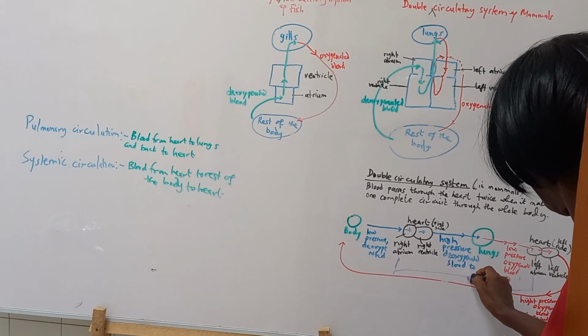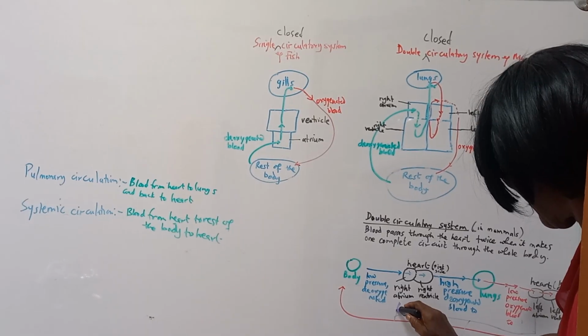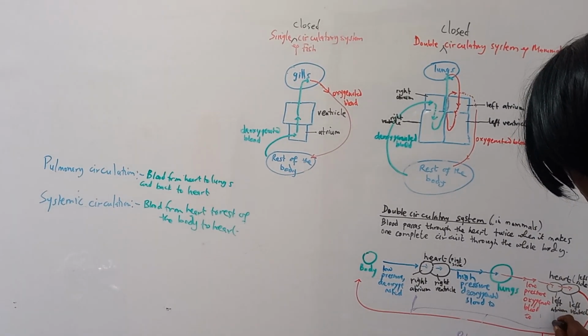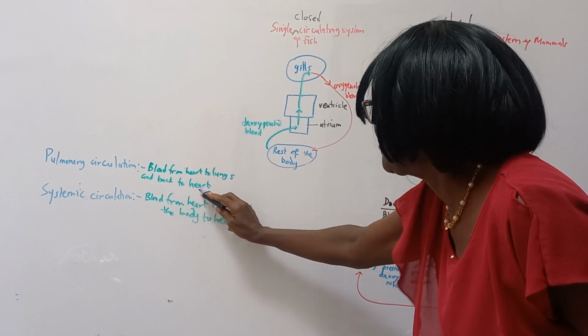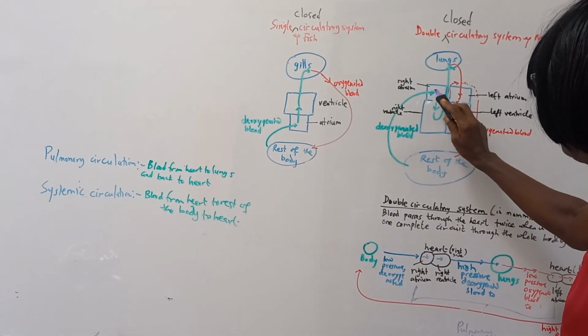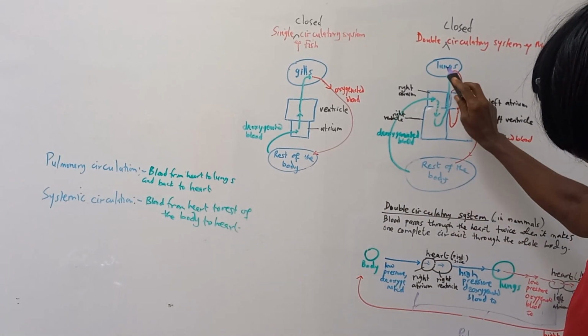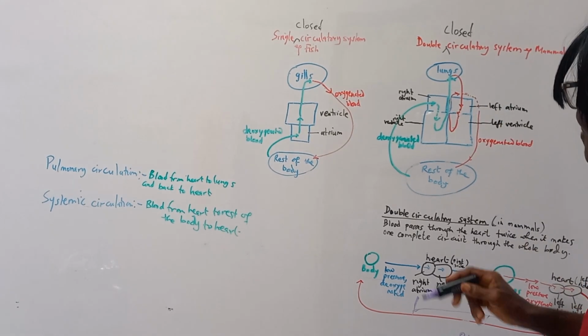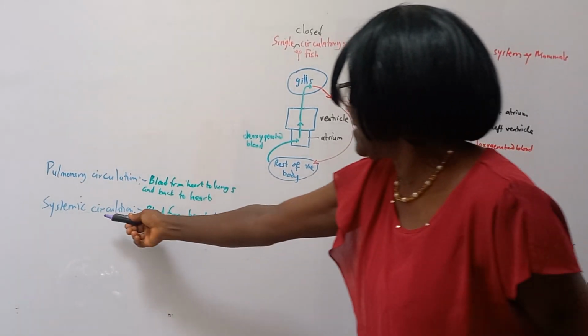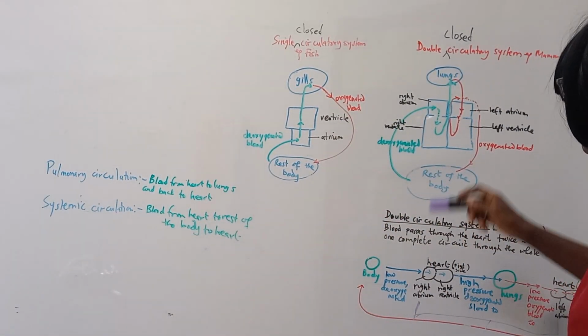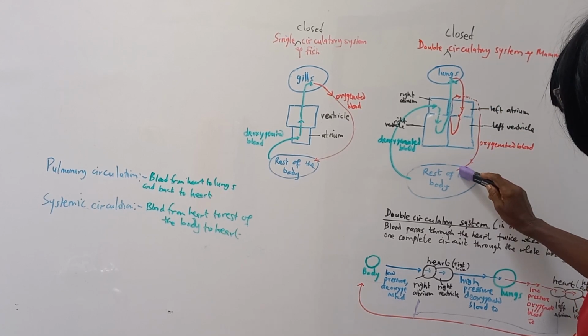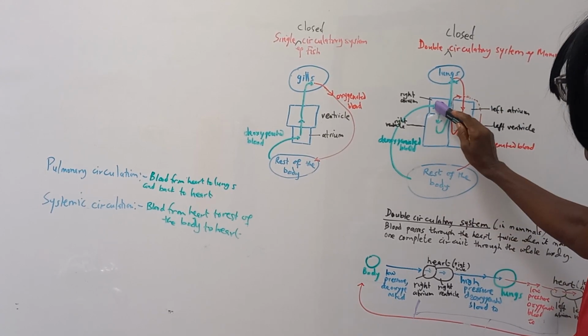This is pulmonary circulation. And then we have systemic circulation, which is blood from heart to the body and back to heart.